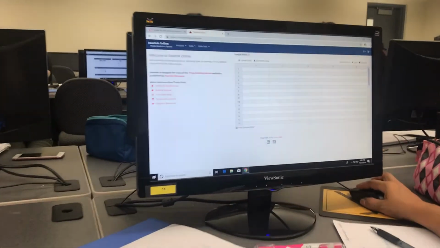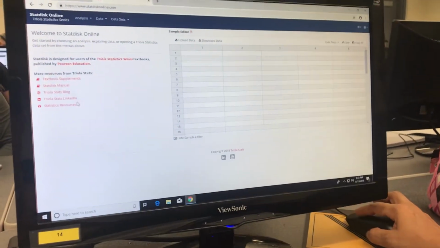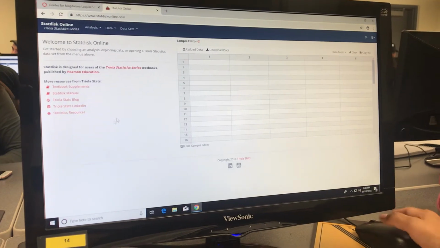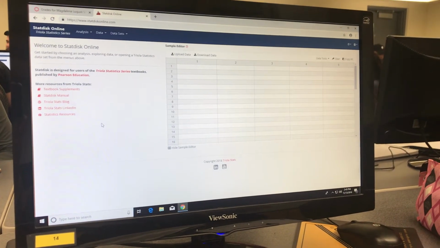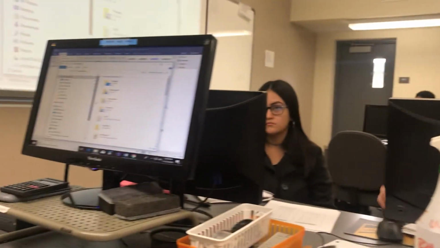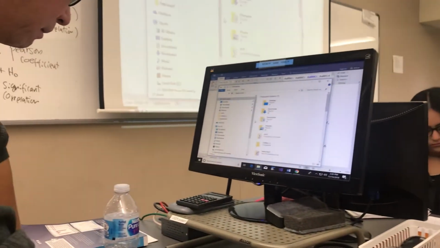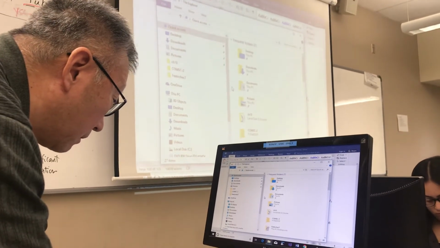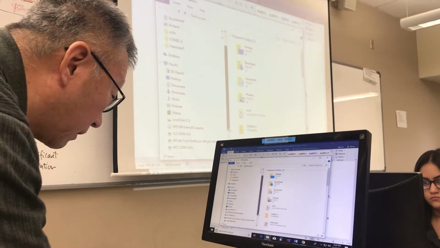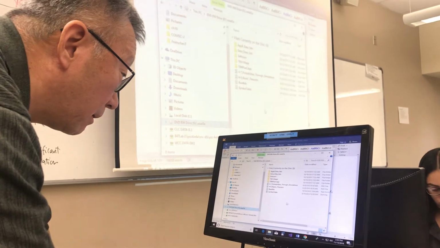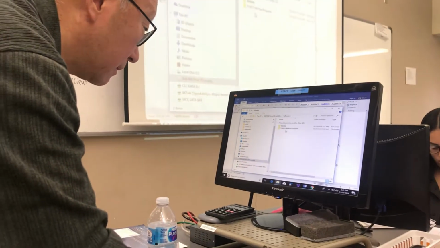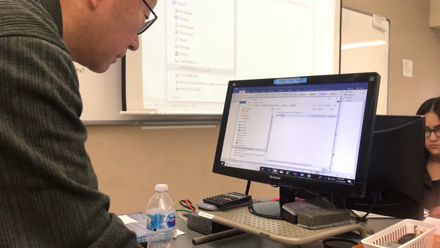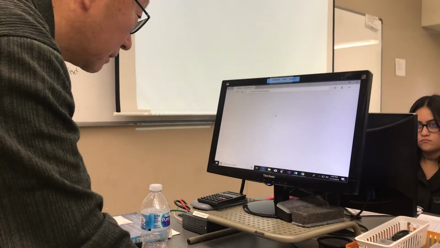I just went to statdisk.com and it says open, and you open it. You have to create an account. Where are we? Oh, here you go. Software, StatDisk. I'm going to run it.